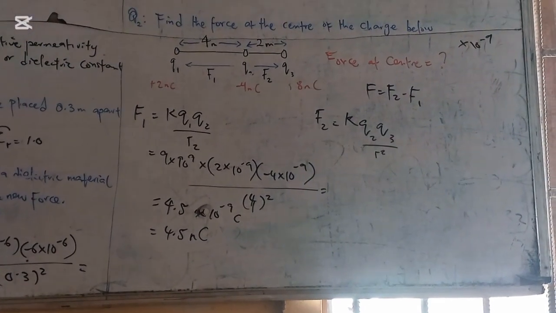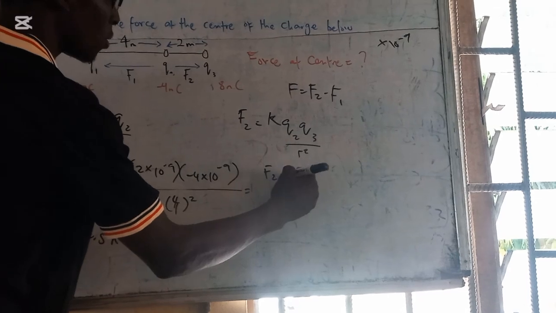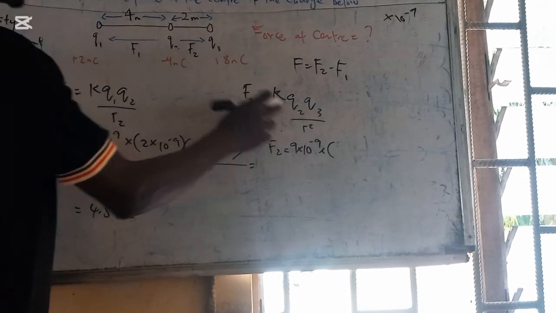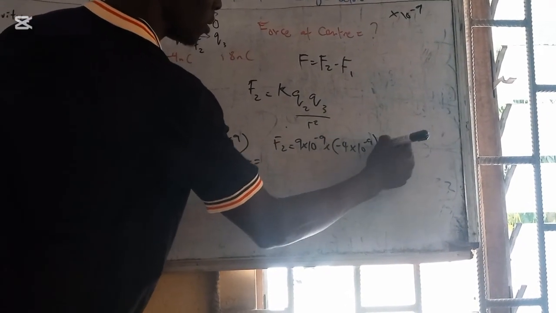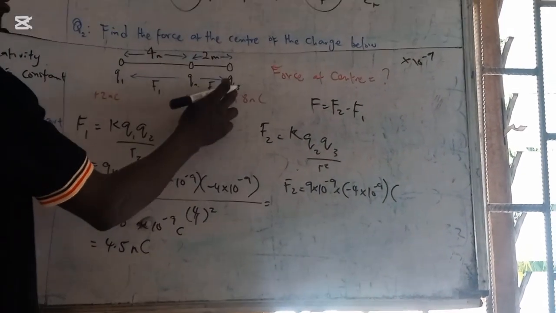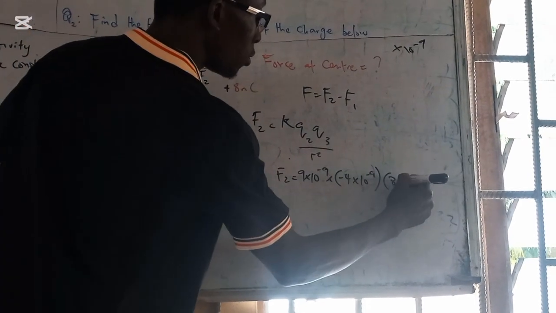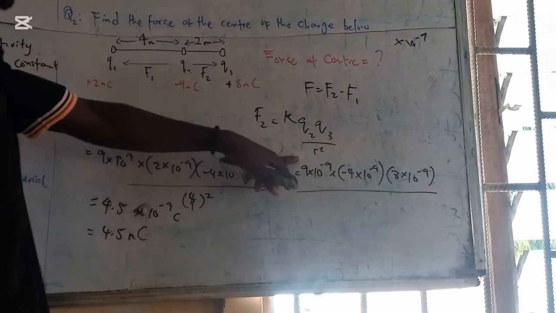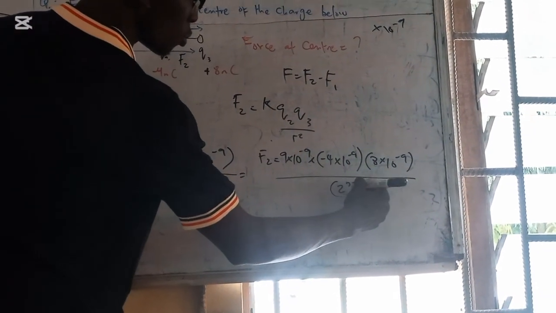Yes, so now for the second force, we are using the same formula. So we have F2 is equal to 9 times 10 to the power 9 and multiplied by what's our Q2? It's minus 4 times 10 to the power minus 9. Your Q3 is going to be 8 times 10 to the power minus 9. Where you have R squared, which is 2 meters. So you have 2 squared.